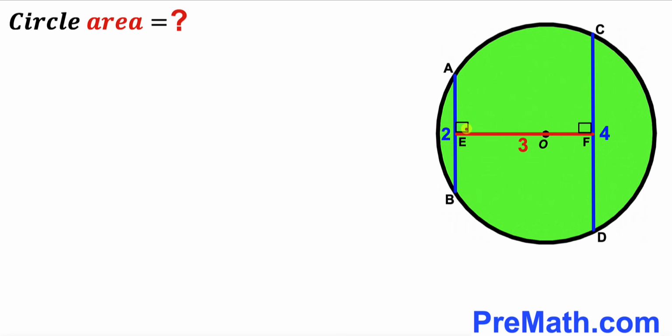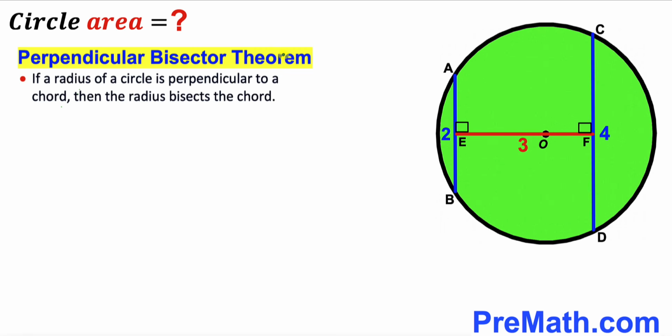Now let's make an observation. Let's focus on this segment EF that is perpendicular to both of these chords AB and CD. Furthermore, this segment EF passes through the center O. Let's recall the perpendicular bisector theorem. According to this theorem, if a radius of a circle is perpendicular to a chord, then the radius bisects the chord.